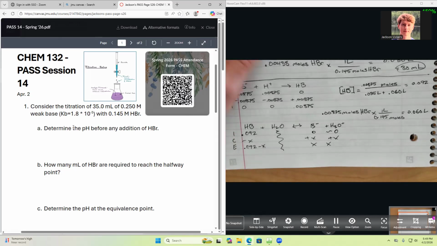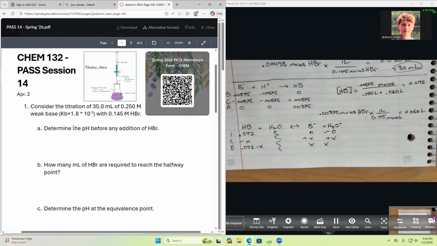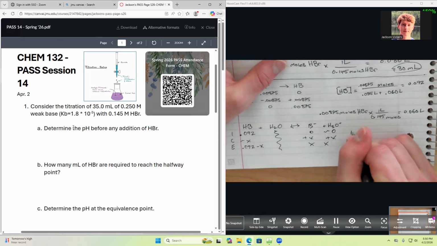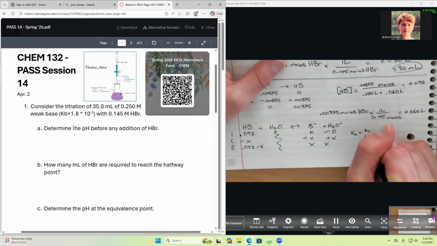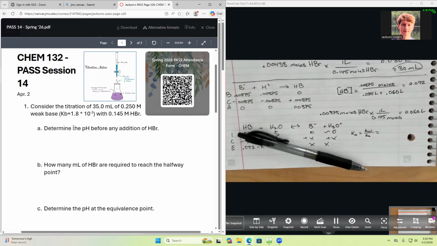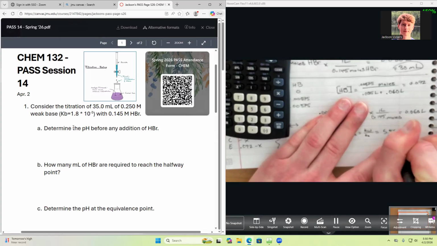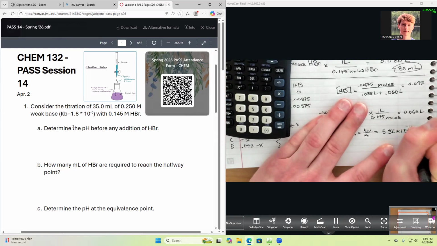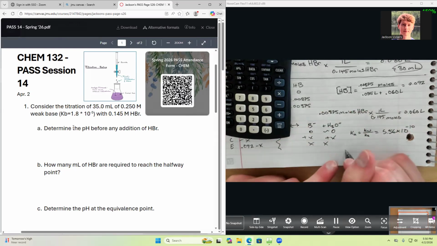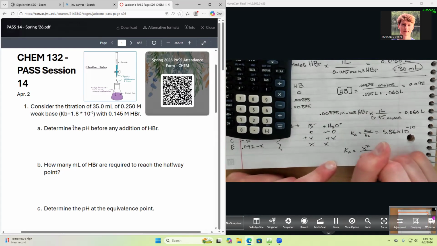So the Kb given, we're going to do the Kw, Kb, Ka formula. That looks like this. Ka is Kw divided by Kb. I'm not going to write the whole thing out, but 1 times 10 to the negative 14 divided by 1.8 times 10 to the minus 5. We get 5.56 times 10 to the minus 10 as our Ka. So that's what we're going to set equal to x squared over 0.092.